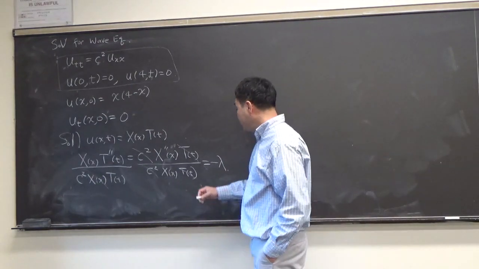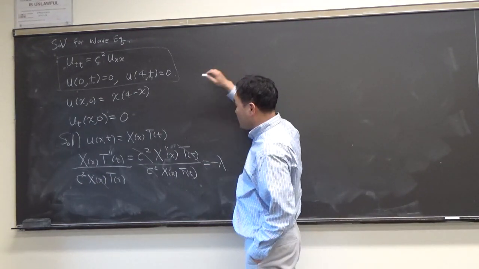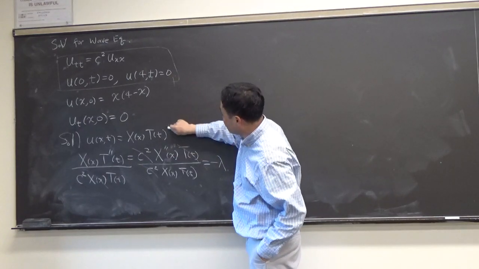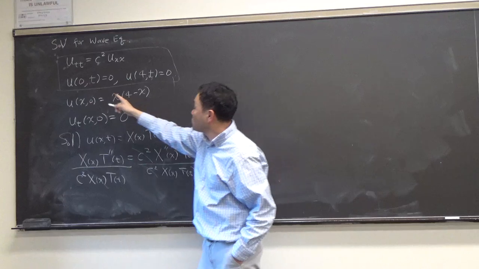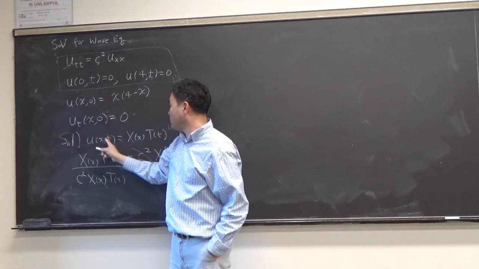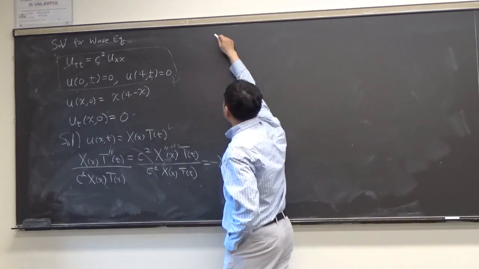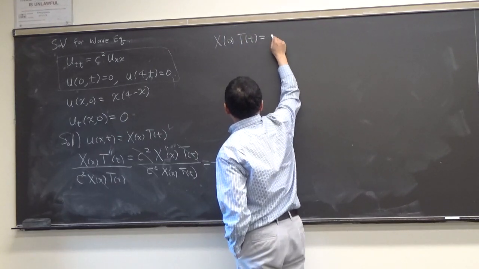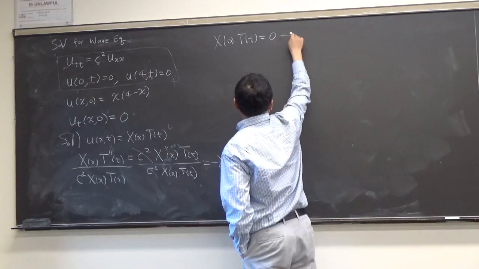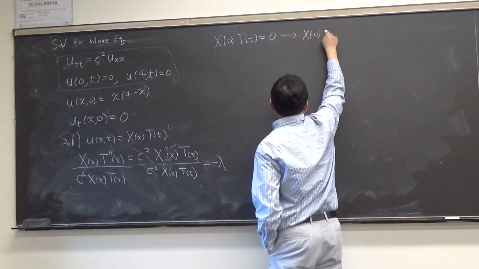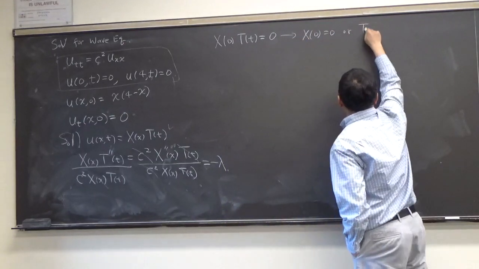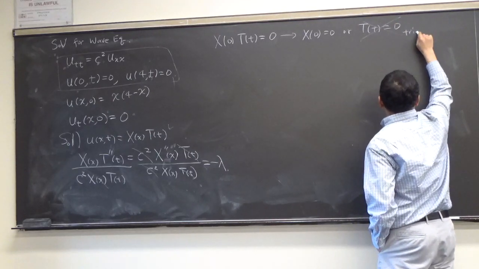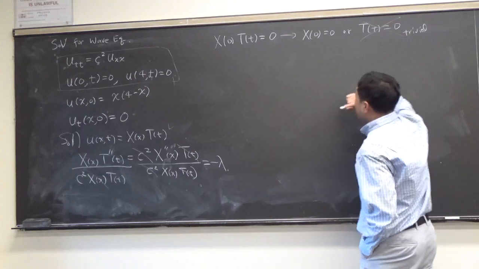And then we also apply the boundary condition. If you plug in 0 and t, you get X(0) times T(t) has to equal 0, which implies that X(0) is 0 or T(t) is 0, but this yields trivial solutions, so we don't like it.